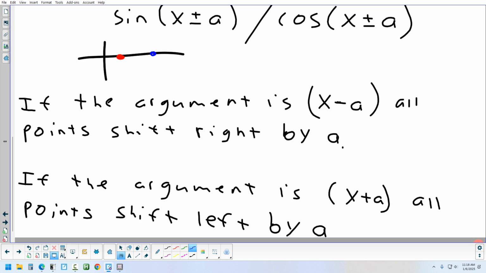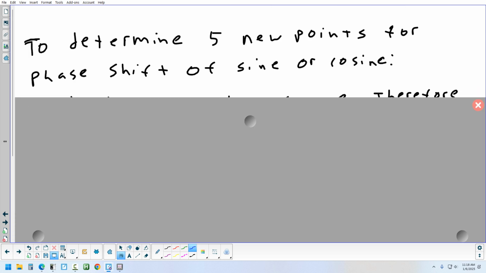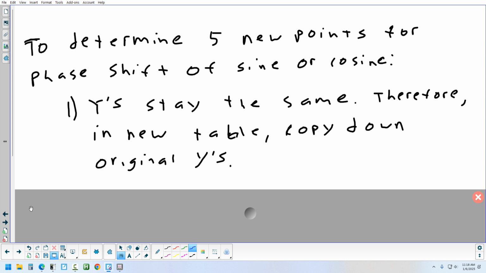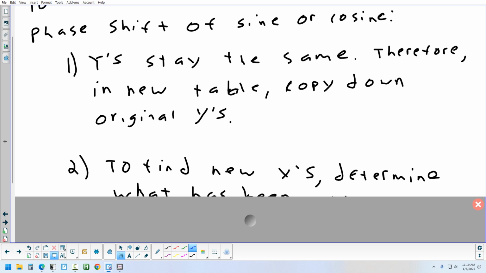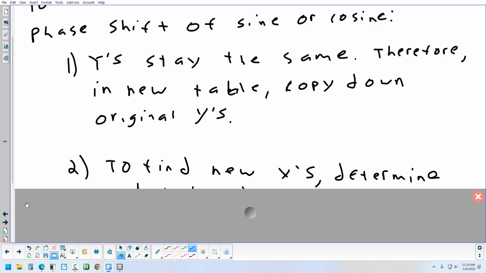The X. That means the Y's are not affected. If all you're doing is shifting left and right, the Y values are unaffected. So you can look back at the original table that I gave you and copy the Y values down. So if the Y's are going to be staying the same, that means the X's are going to change.